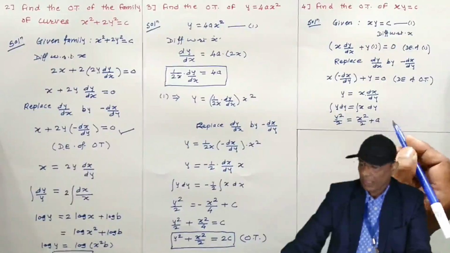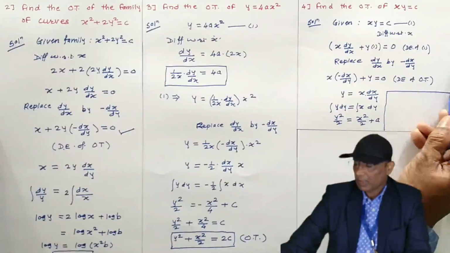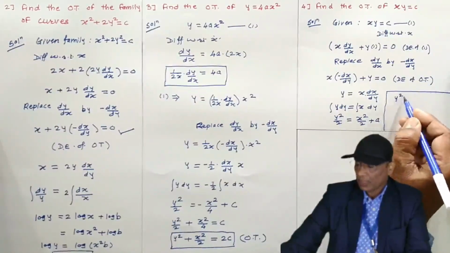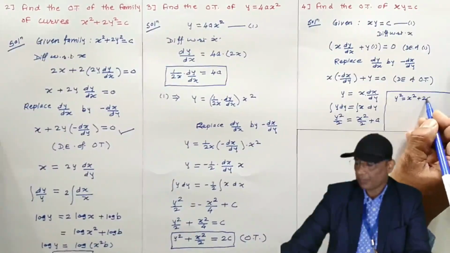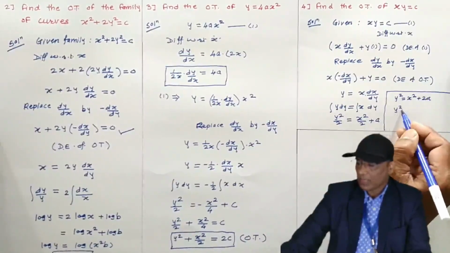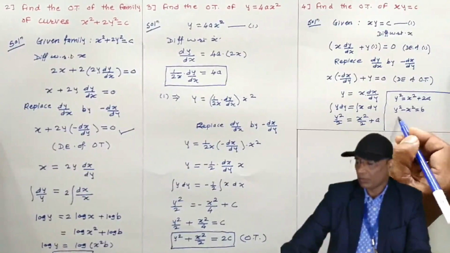So one more step you may add: multiply by 2, y square equal to x square plus 2a. Then y square minus x square is equal to 2a, and this 2a may be replaced by b also.